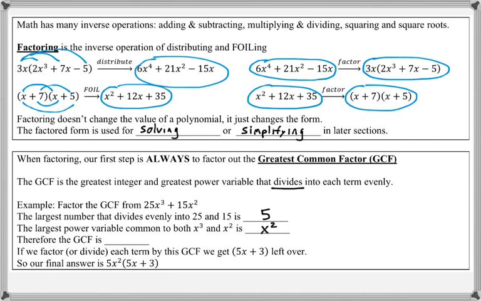Meaning x cubed has 3 x's, x squared has 2 x's, but they both have 2 x's. This one just has one more, but 2 x's are common to both of them. So it's the highest one that goes into both of them. Therefore, the GCF, if I combine these two, is going to be 5x squared.